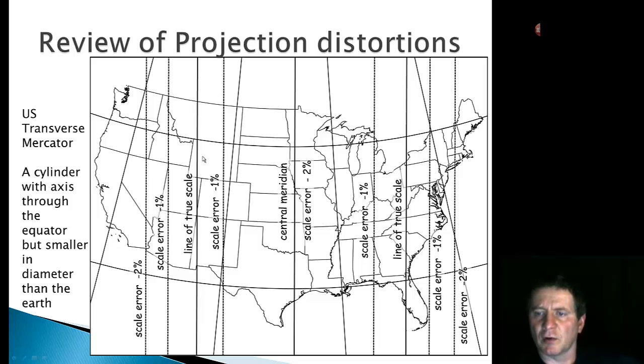And then we would be getting compressed. So these are distortions to make things smaller by 2% into the central. And then over here it's true scale, sort of cutting through Erie. And then as you move off, you get distortion errors.